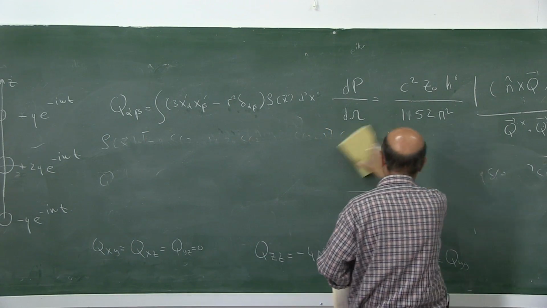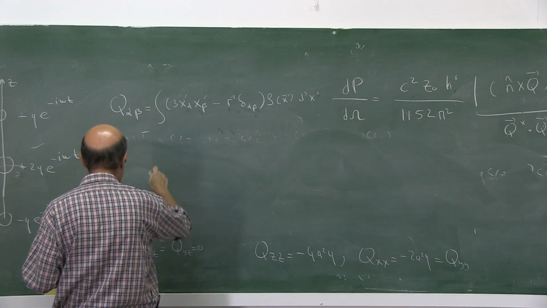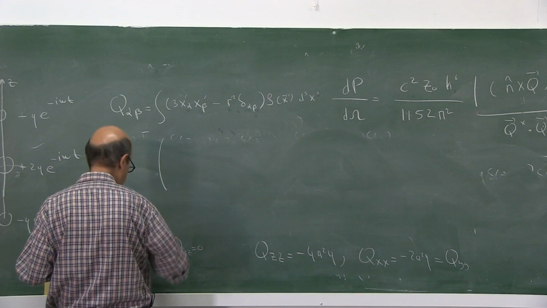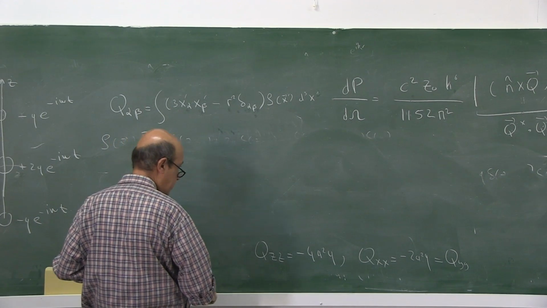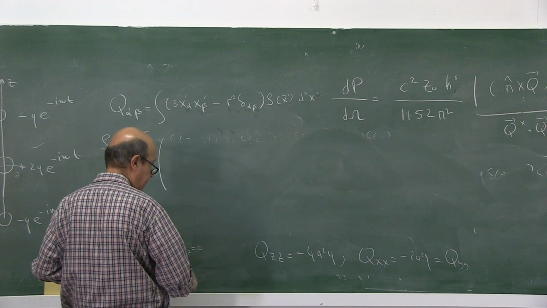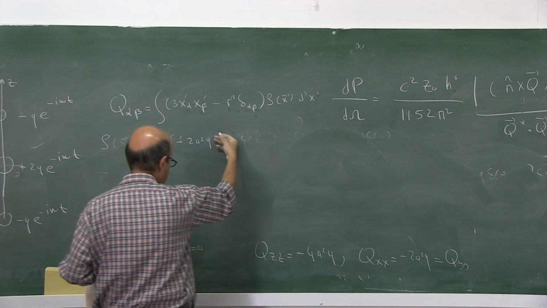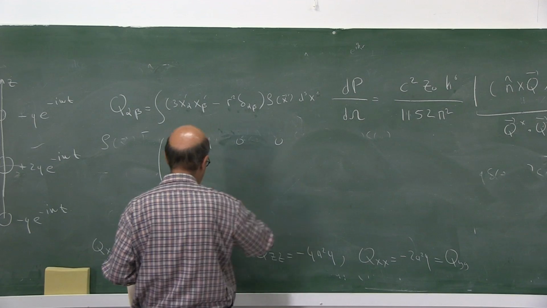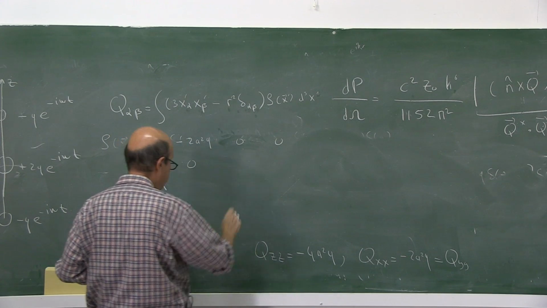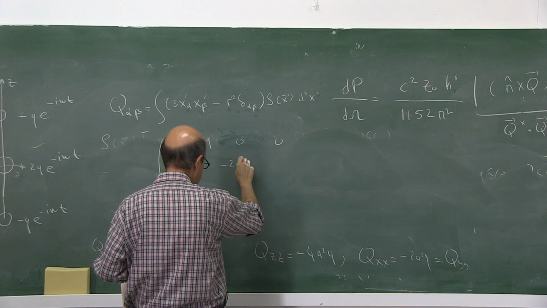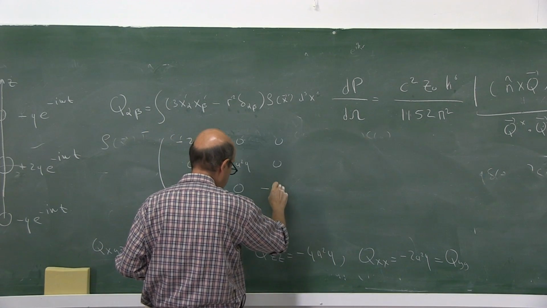So the electric quadrupole moment tensor will be what? Qxx. What is the Qxx? Minus 2a square q, 0, 0, 0, Qyy minus 2a square q, 0, Qzz minus 4.